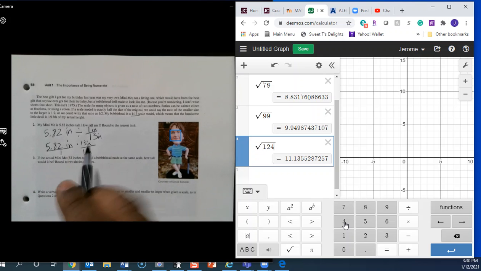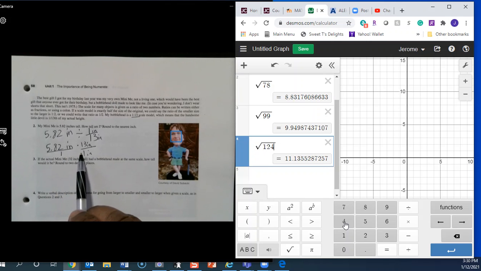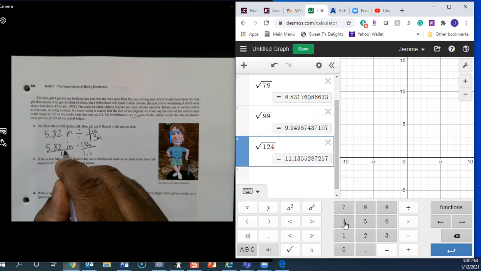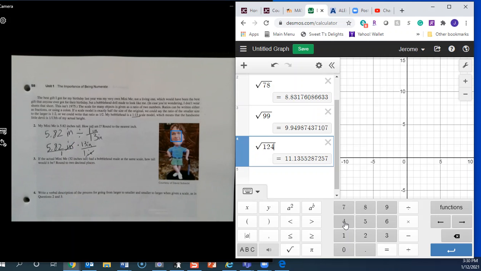When you're dealing with scale or dimensional analysis, which we will get to later in this section, you have to be able to simplify out units if you can. And in this case, you would simplify out inches.